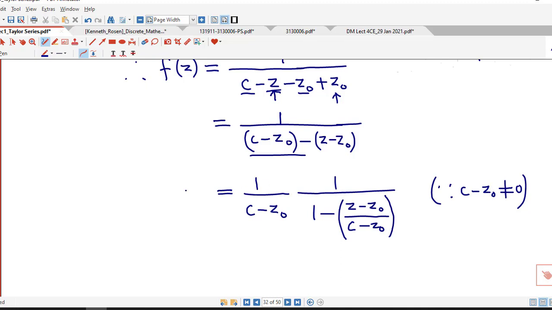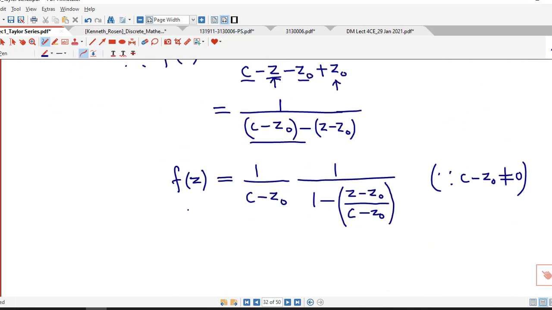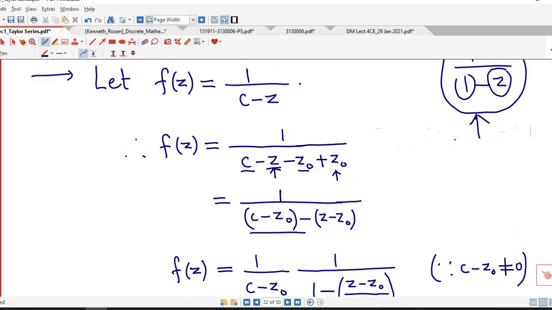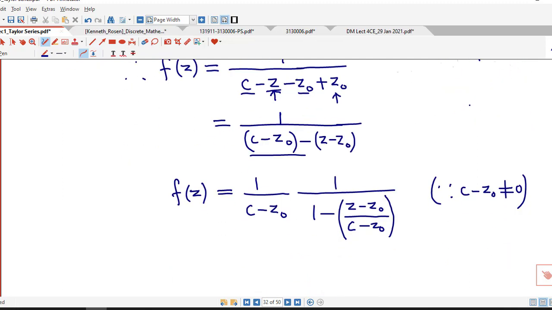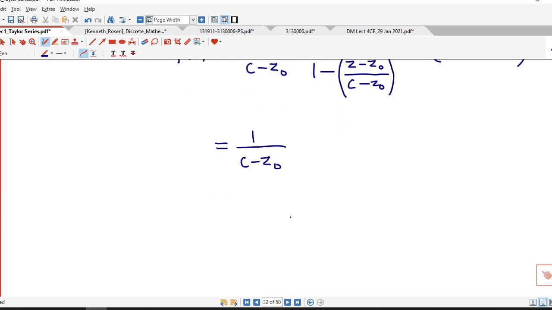So it is defined. Now we are able to write our function in the form 1 over 1 minus z, where instead of z we have this quantity z minus z0 divided by c minus z0. So now we can use that standard Maclaurin series expansion of 1 upon 1 minus z.